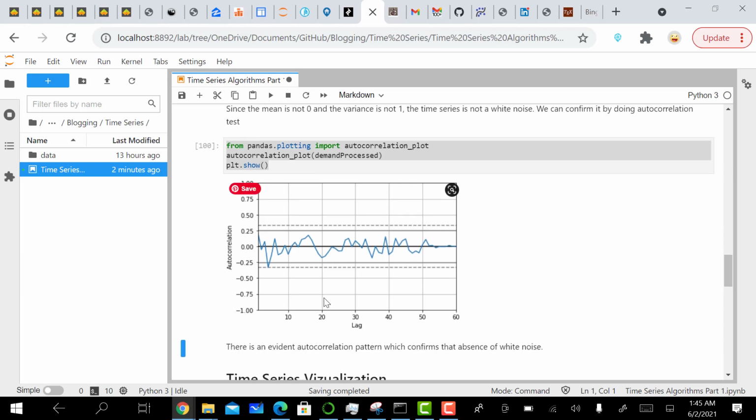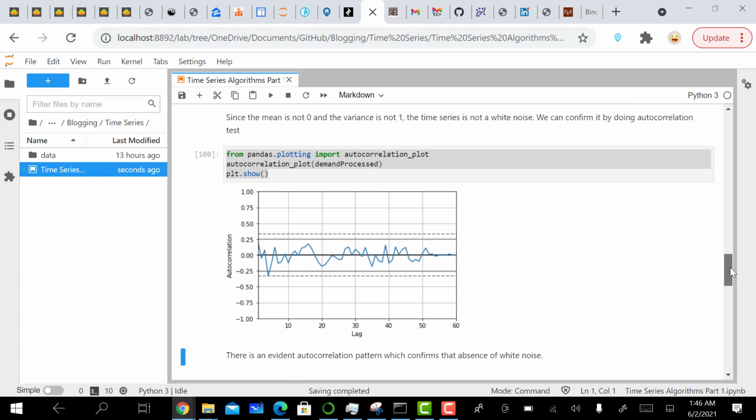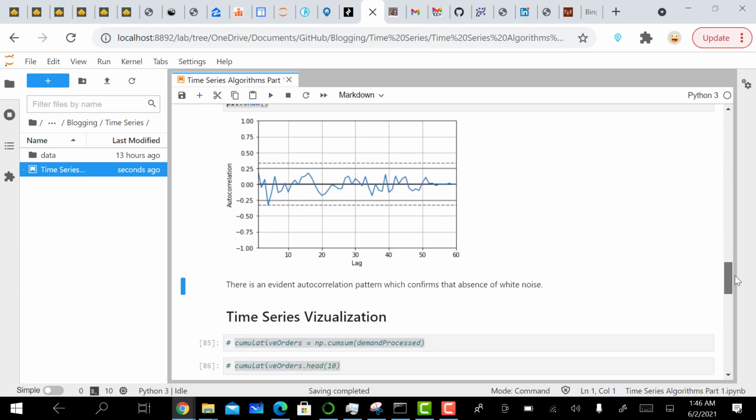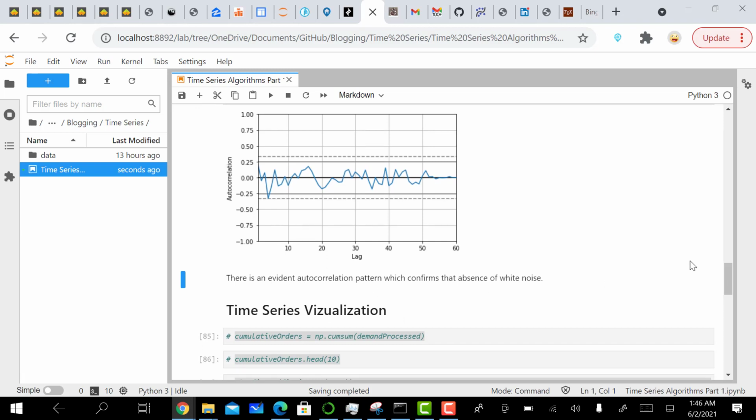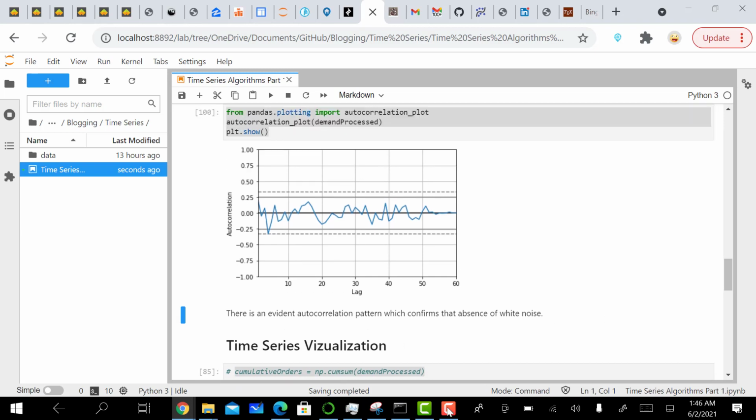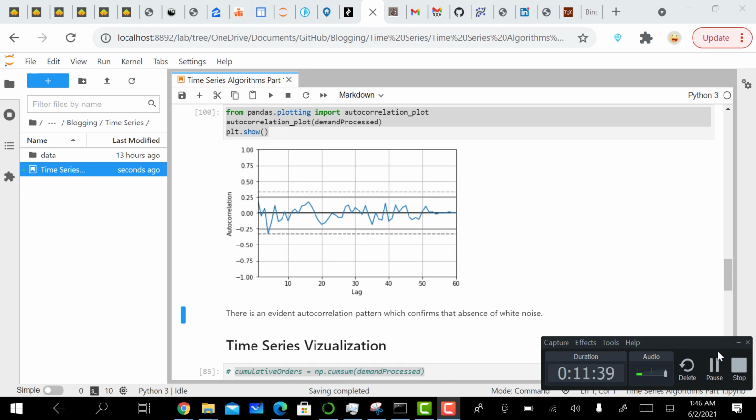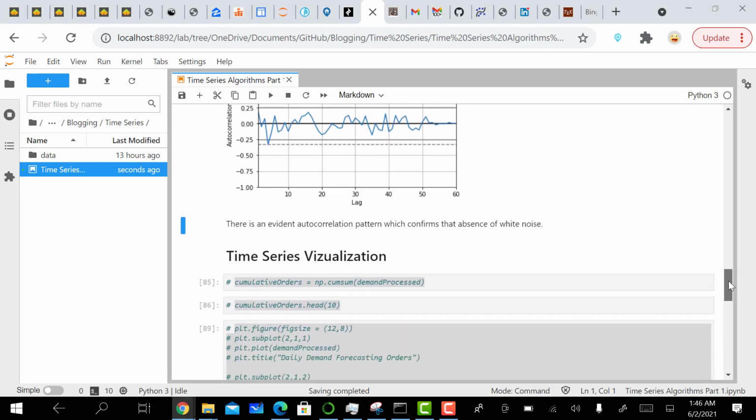You can see here that the observations are really around zero. You see it go up and down in a very steady way. Another way to notice is if you have about the same amount of peaks below and above the zero line, that's a sign of autocorrelation. So we can definitely see that there's autocorrelation here, and since there's autocorrelation, we conclude that there's an absence of white noise.